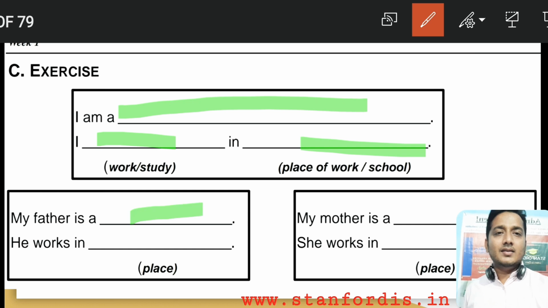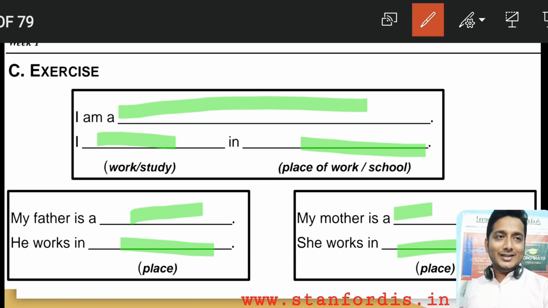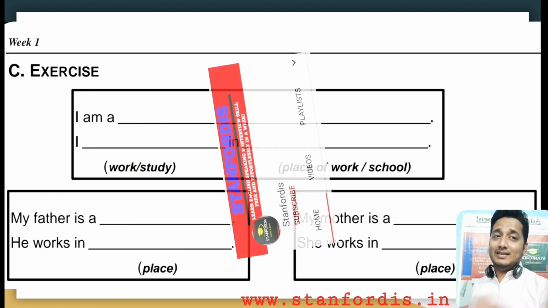My father is a businessman. He works in India. Or if I'm saying my father is a professor, he works in a college. My mother is a teacher. She works in a school. So this is the answer of the exercise.